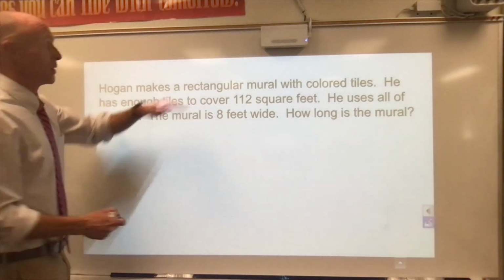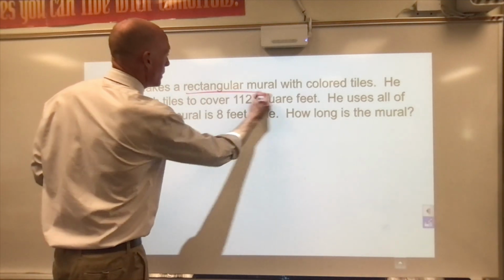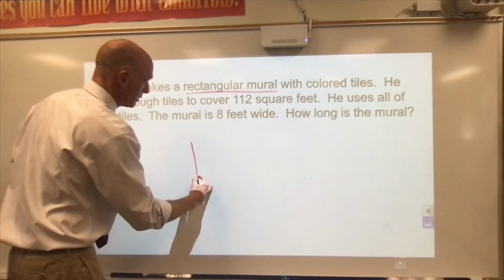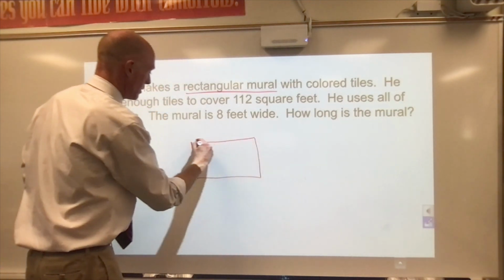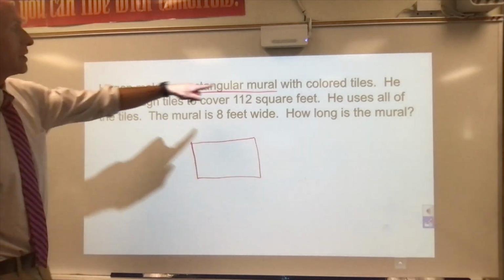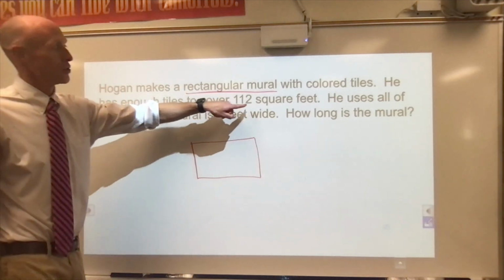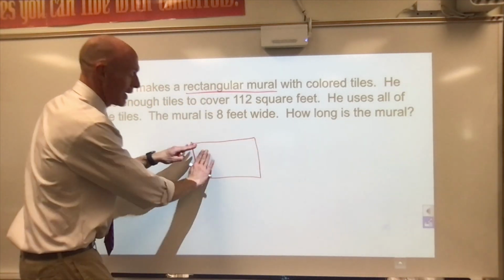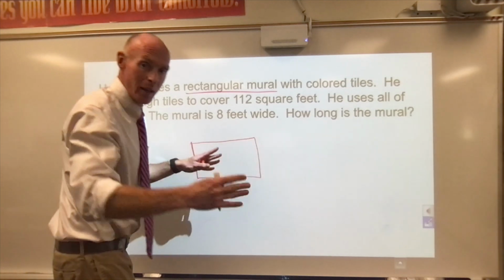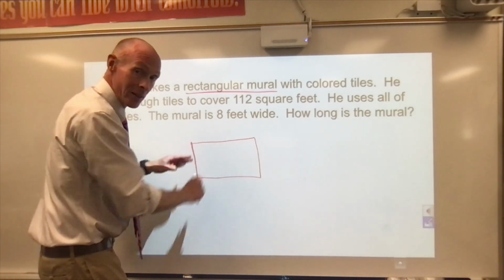Okay. We know it's a rectangular mural. So I'm going to start by drawing a rectangle. Perfect. We know he has enough to cover 112 square feet. So again, covering. Think paint, except for now he's putting tiles.